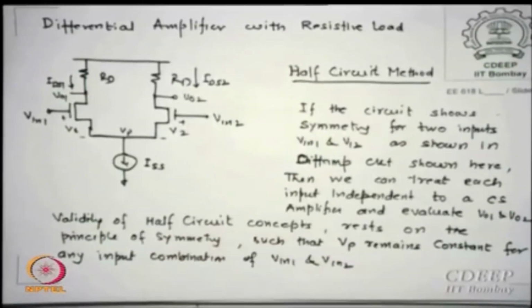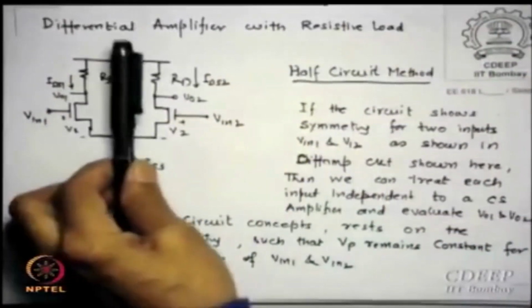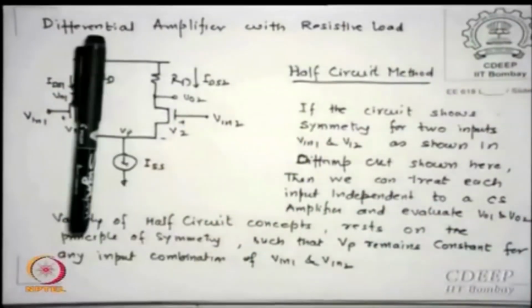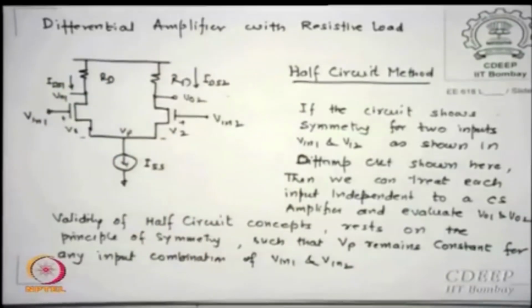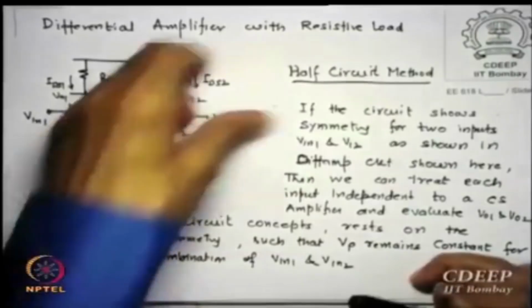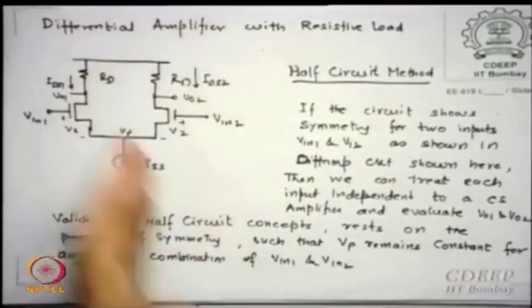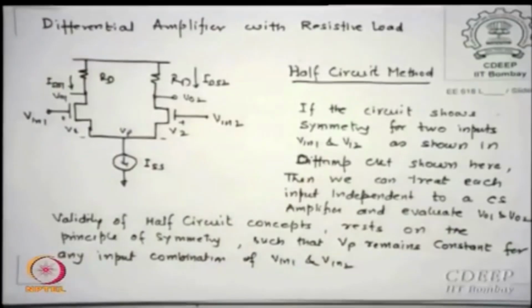So if you have a differential circuit driven by a constant current source as shown here, and it shows symmetry along this vertical line on left and right, the word is symmetry for the two inputs, then we can treat each arm independently.